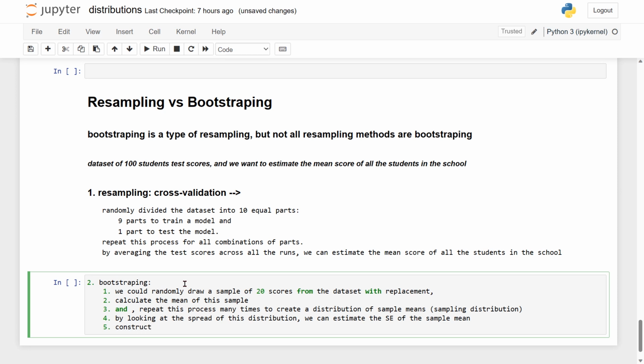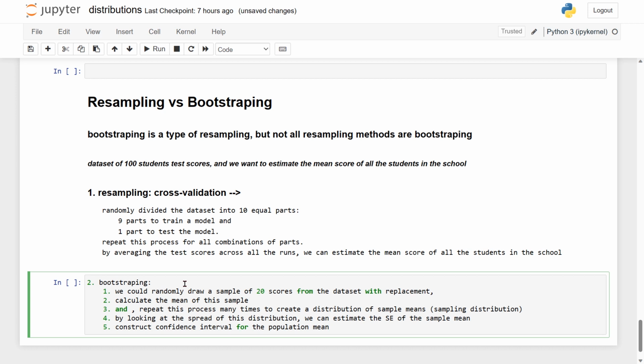Of course, if you know the standard error of the sample mean, you can construct a confidence interval for the population mean.